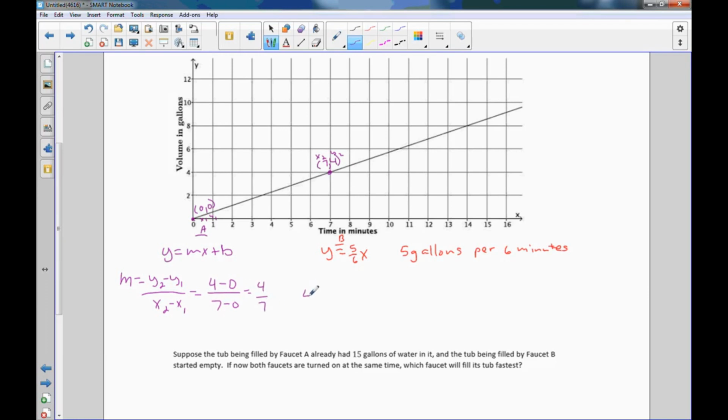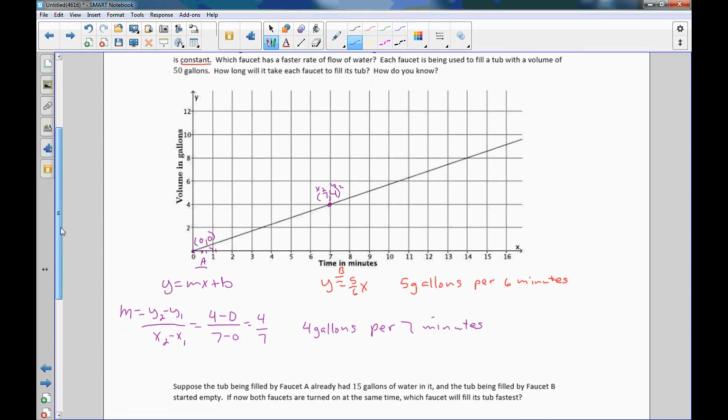What does that mean? 4 gallons per 7 minutes. So 7 minutes goes by and 4 gallons comes out of faucet A. But faucet B, 1 minute shorter, 1 more gallon, so faucet B is flowing at a faster rate.